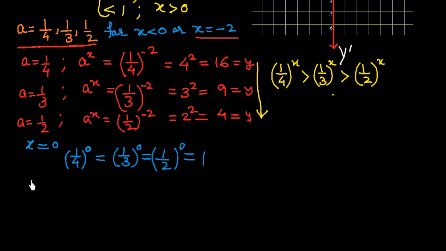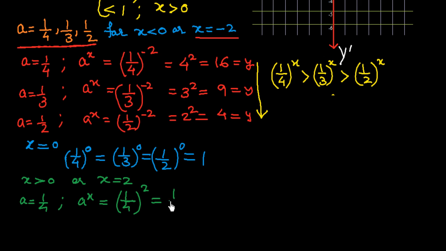If x is greater than 0, so we are putting here the value x is equal to 2. So we see what happens now. For a is equal to 1 by 4, a power x is equal to 1 over 4, and x is 2 here, so we get 1 over 16, which is y.